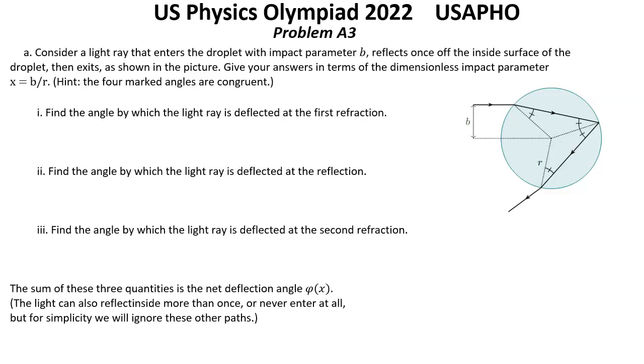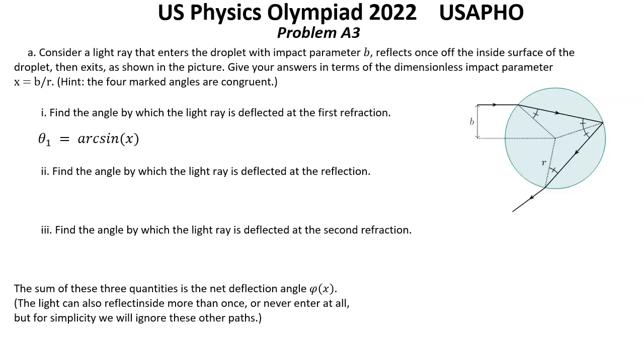First, find the angle by which the light ray is deflected at the first refraction. Solution: the angle the incoming light ray makes to the normal of the droplet is θ1 equal arcsine x.